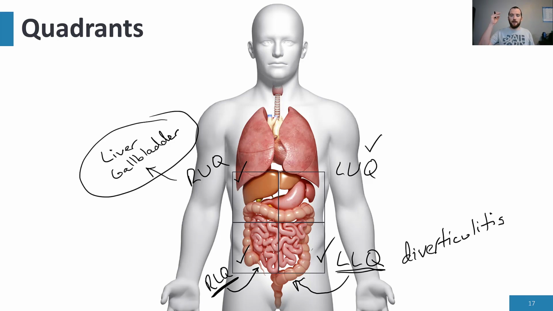Maybe it's an ovary torsion, where that ovary twisted, or an ectopic pregnancy where that fertilized egg cell is starting to grow because it got stuck and lodged into the wall of the fallopian tube. So we have some classic ones like appendicitis on the right lower quadrant and diverticulitis on the left lower quadrant, but there's other stuff too.